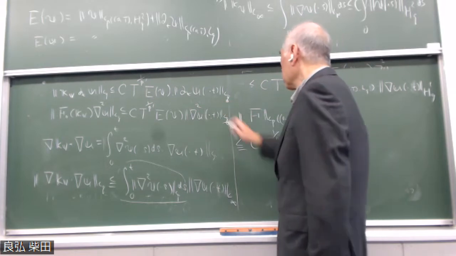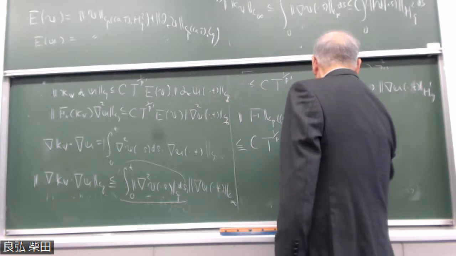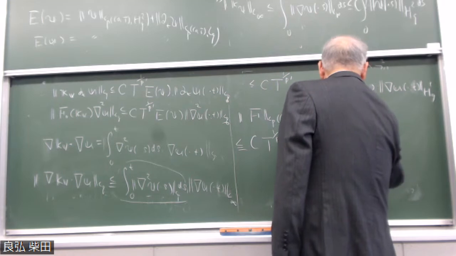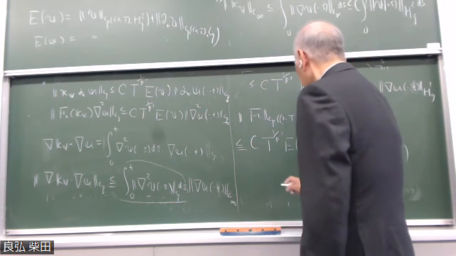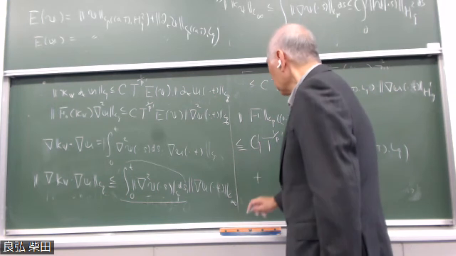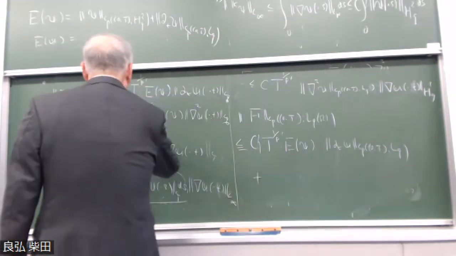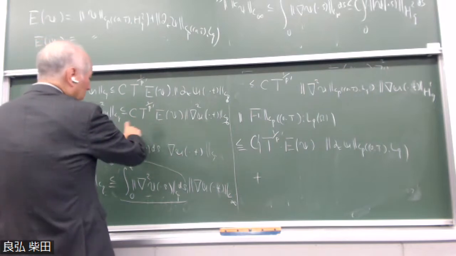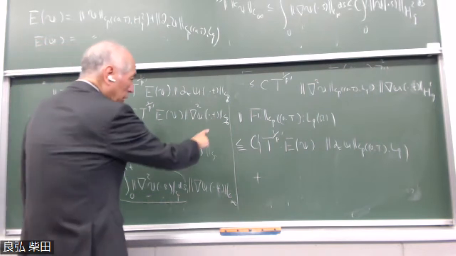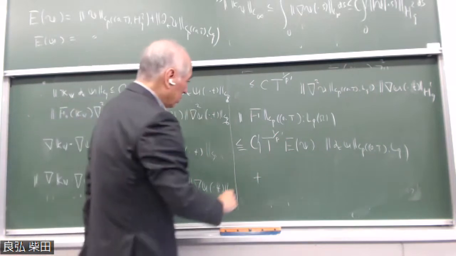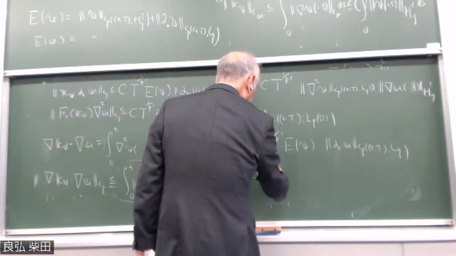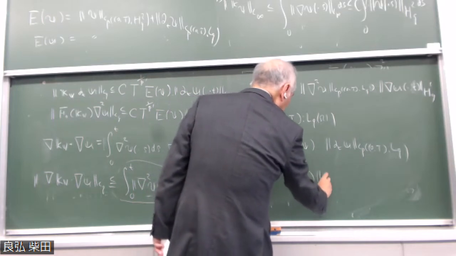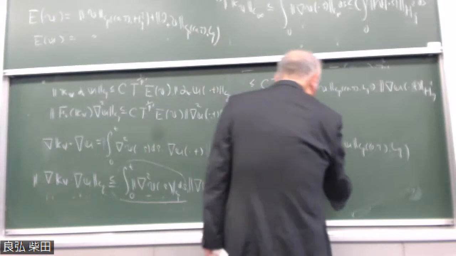And then this one, dt to LP in LP. The second term is this one, and this also has only the t variable here. So you take the LP norm in this. So t to the minus b, and then the second derivative of u.